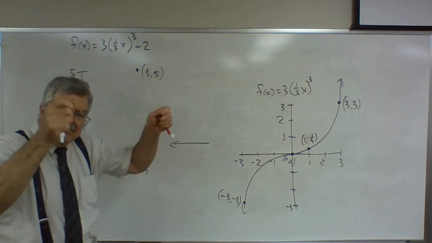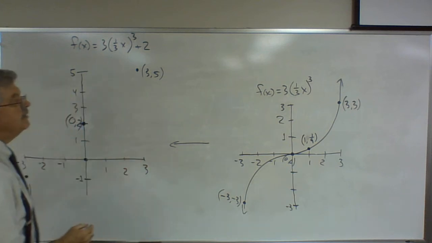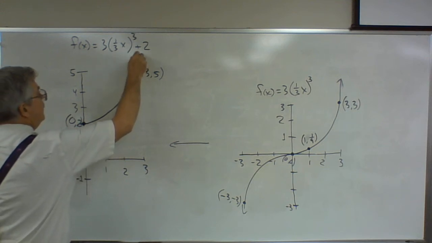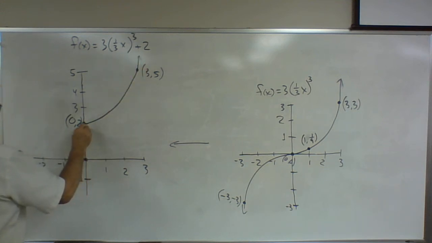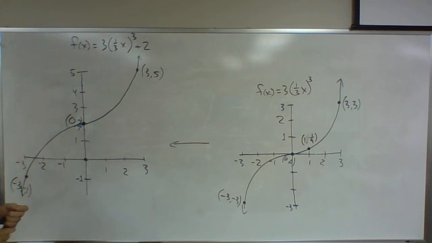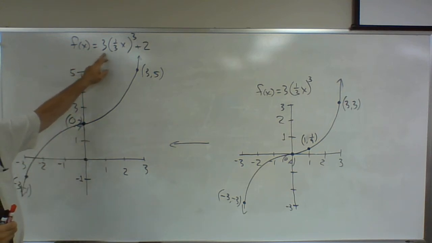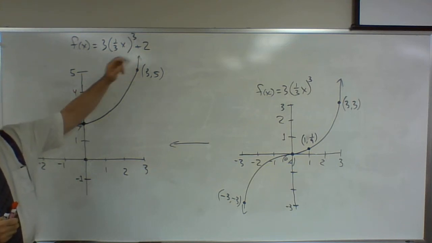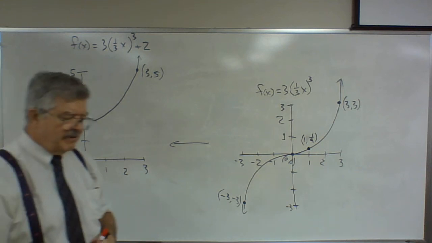It's just going to be lifted up 2 units. Voila. This is the graph. F of x equals 3 times quantity 1/3 x cubed plus 2.